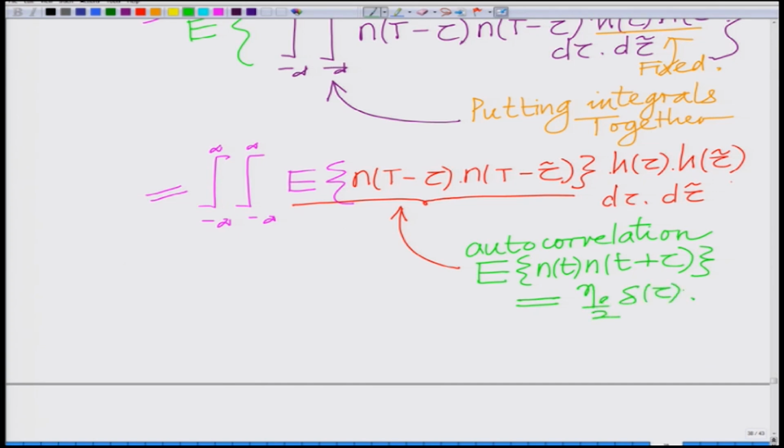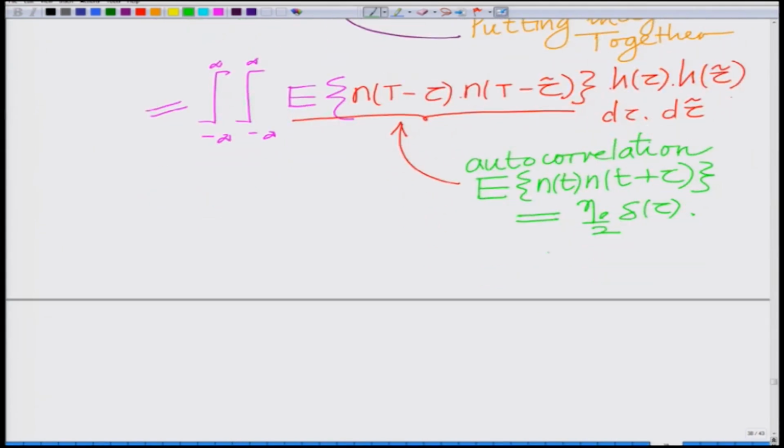That is, it depends only on, as we have already said many times before, the autocorrelation depends only on the time difference τ. That is the property of the wide sense stationary process. It depends only on the time difference.